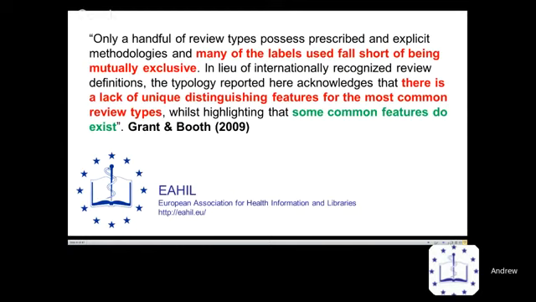And so two people could be using the same label, but be describing different methods. But the good news, highlighted in green, is that some common features do exist. So there are enough characteristics, similarities to be able to identify factors that help us to choose review types.